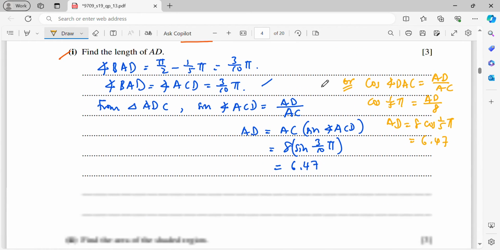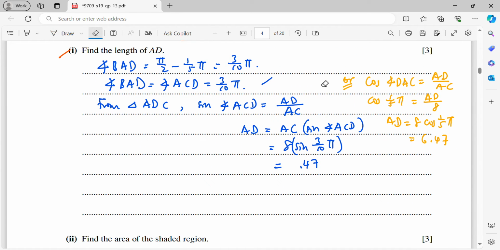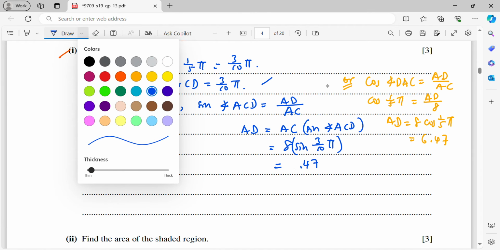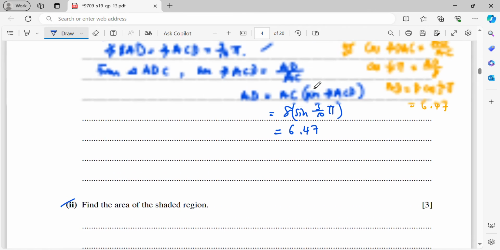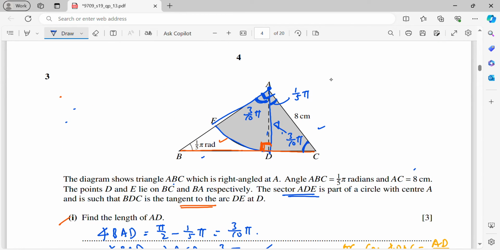Alright. So now, next question. Part 2, find the area of the shaded region. So look at here, area of shaded region basically is the area of sector plus the area of triangle. Since I know this angle, right?